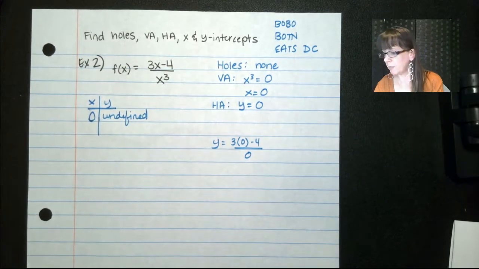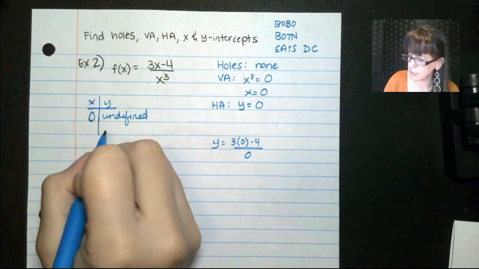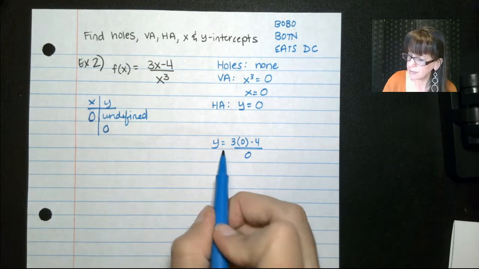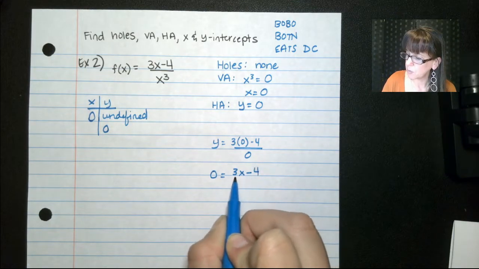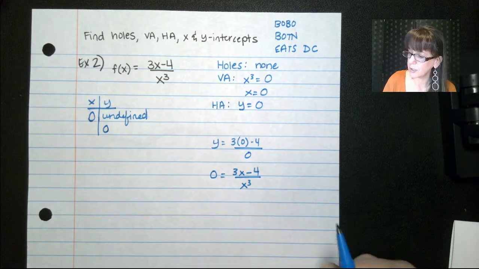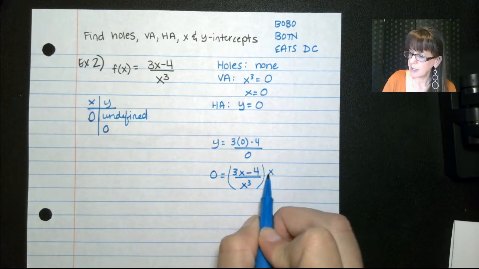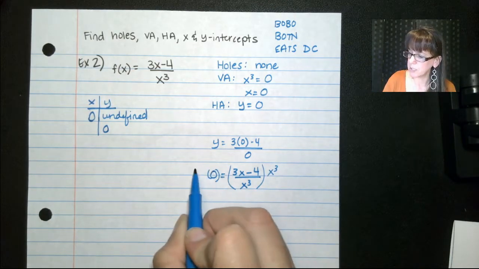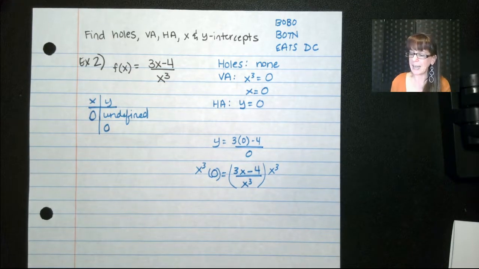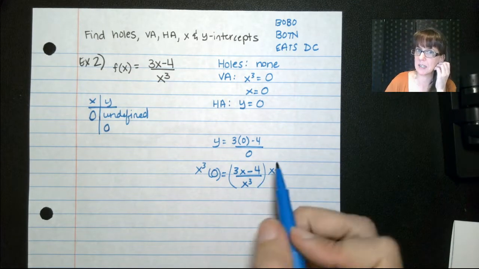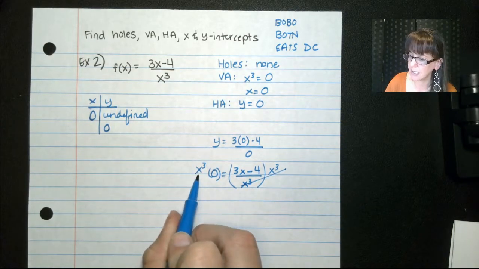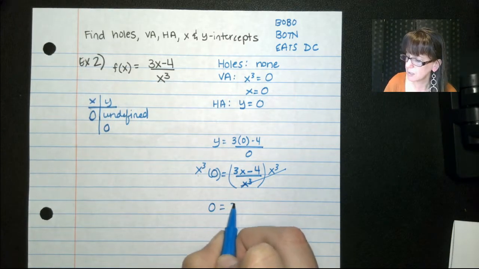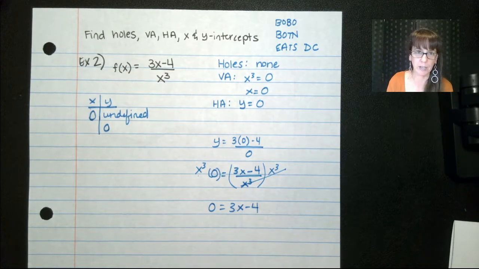Now let's set y equal to 0. So when we do that, we're going to say 0 equals 3x minus 4 over x to the third. Let's multiply both sides by x to the third, because just a reminder, when we're finding our x-intercept and setting y equal to 0, you really only care about the numerator, but that way you can see why, because x to the third times 0 is just 0, and there you go, there's just our numerator.